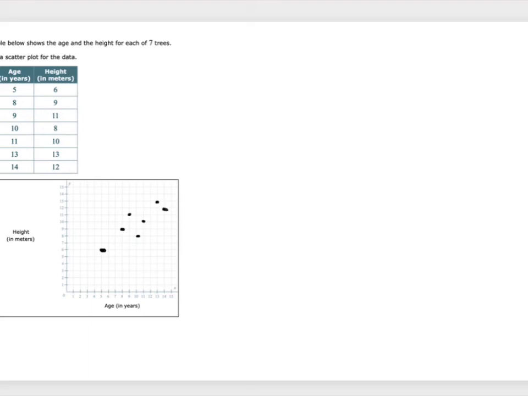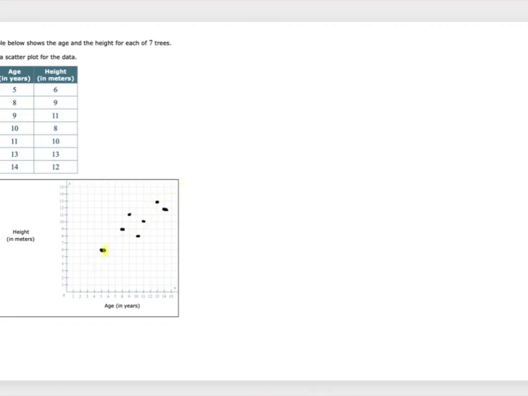Now, let's do a line of best fit just for kicks here. If we're going to make a line of best fit, which you'll be asked to do, we're going to see if we can make a line that would approximate that data, kind of go through the middle of that data.